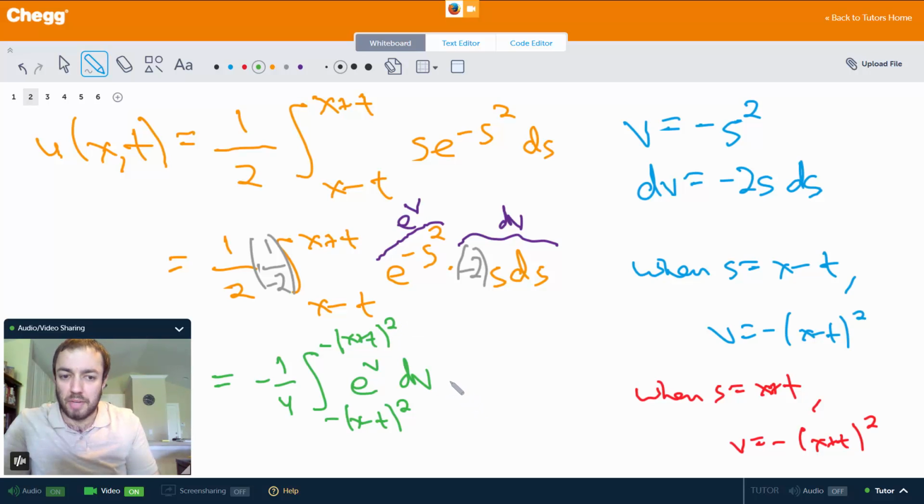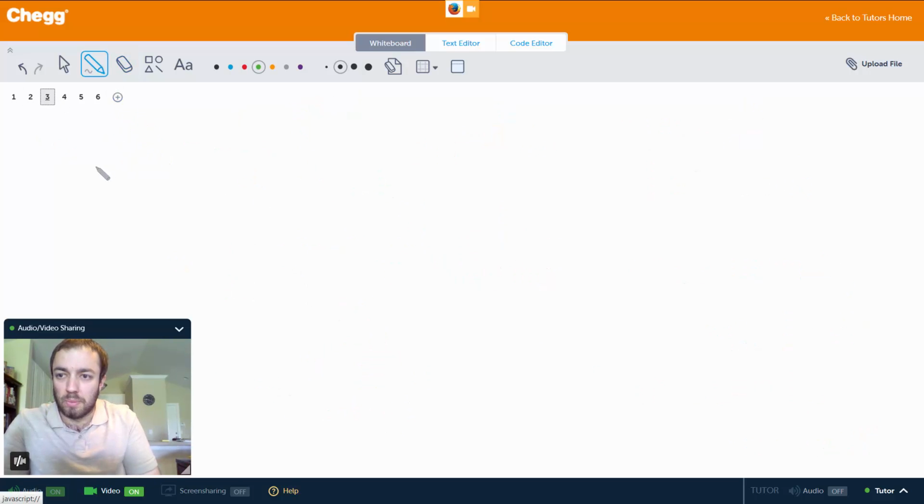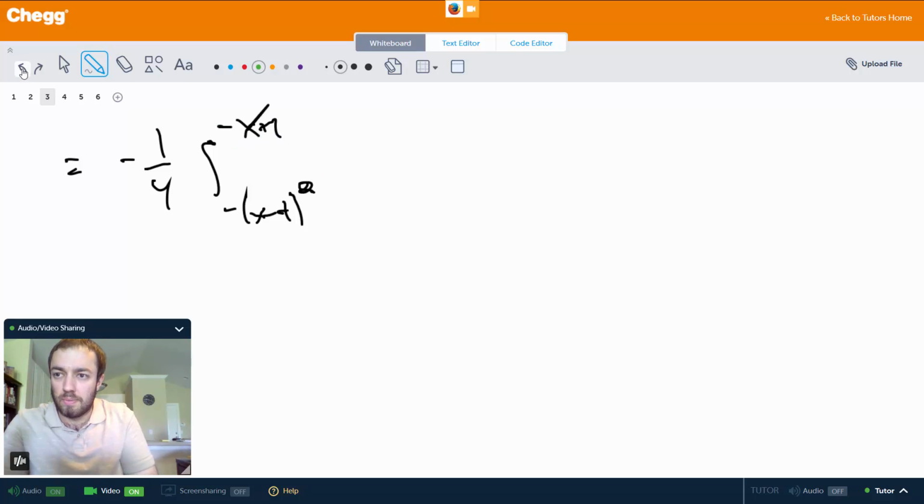So it's just a matter of evaluating this integral here. So let's go to the next page. On page 3, we're going to have negative 1/4 times the integral from negative x minus t squared, that's a squared, to negative x plus t squared. And remember, we had e to the v dv. So if we want to integrate e to the v dv, we're just going to get plain old e to the v.